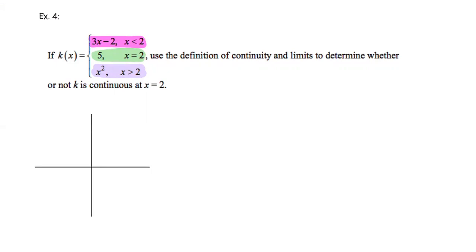Now I'm going to mark x equals 2 here because that seems to be an important juncture on our graph. But to the left of that pink part, it's going to look like 3x minus 2. And that we should know is a linear function, so we know that this is some sort of line. And what does it look like when x is bigger than 2?